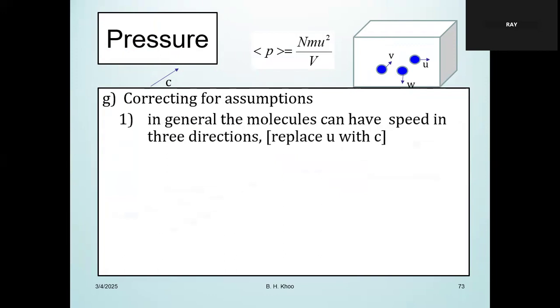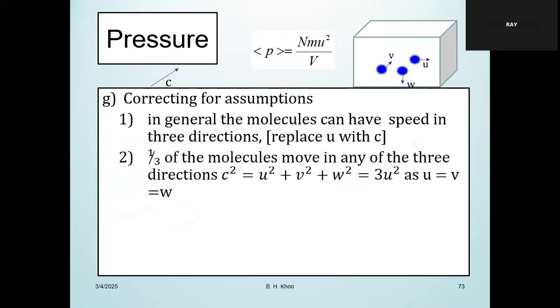It's ridiculous. In general, the molecules can have a speed in 3 directions. So we replace our U with our C. Then 1/3 of the molecules will move in any of the 3 directions. So instead of U, we write U squared plus V squared plus W squared.